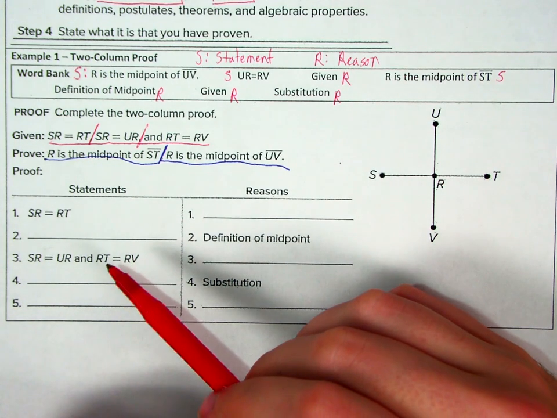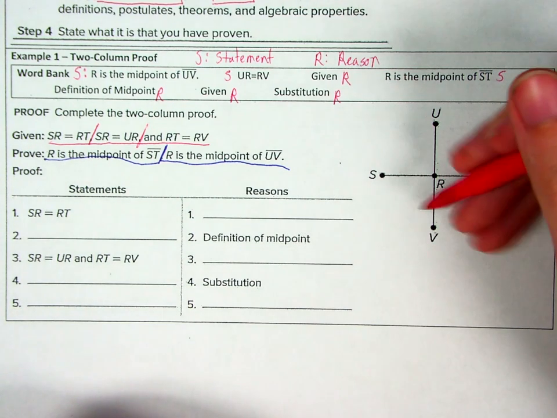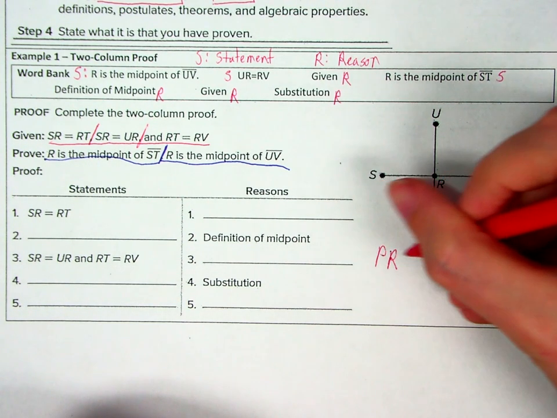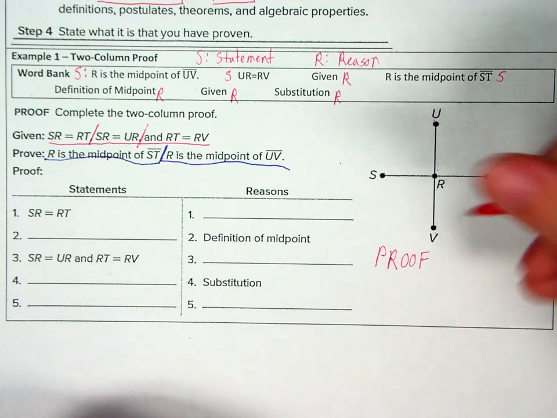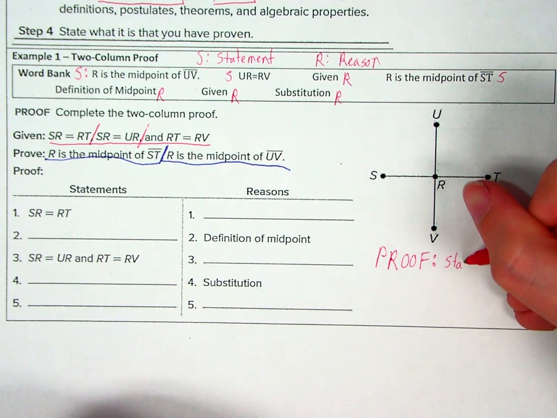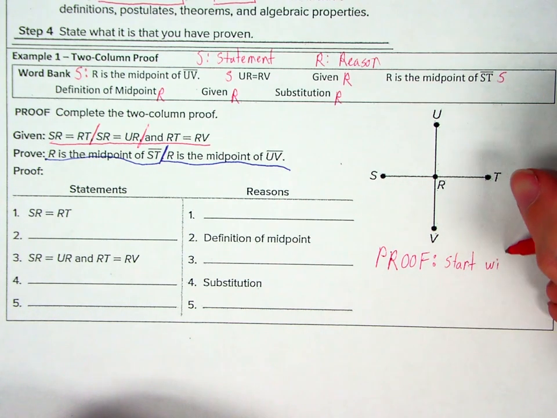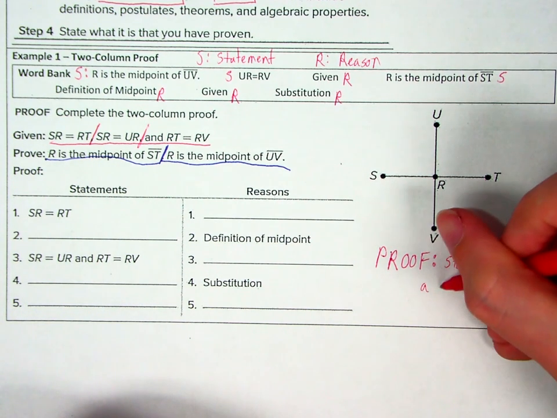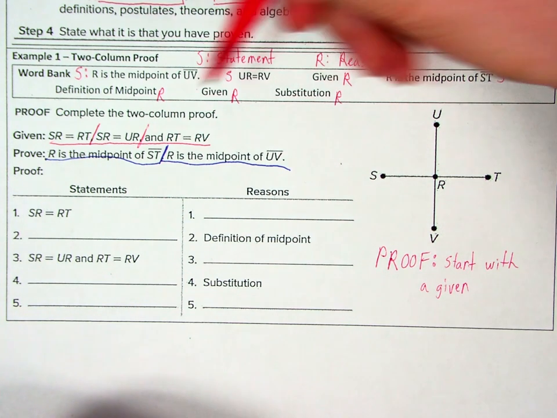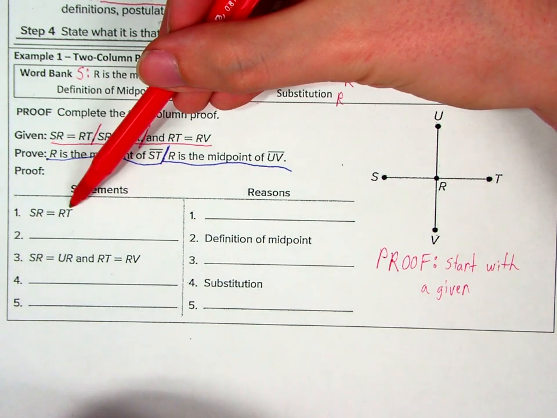As a reminder, starting off your proof, you always start with given. For a proof, start with a given. We see SR equals RT.